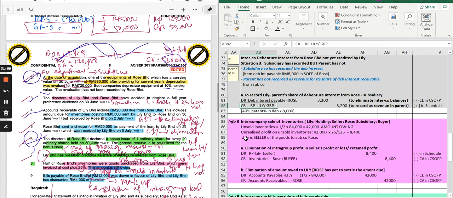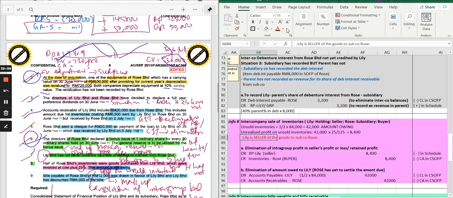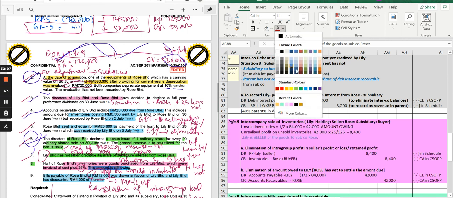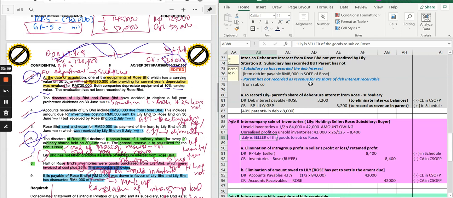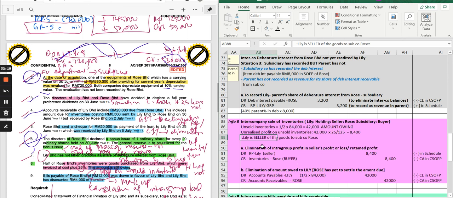The unrealized profit must be adjusted in the seller. So the seller here is Lily, so it must be adjusted in Lily. So Lily Berhad's retained profit is the one that would be affected. So debit retained profit of Lily, the seller, and credit inventories to remove the unrealized profit.